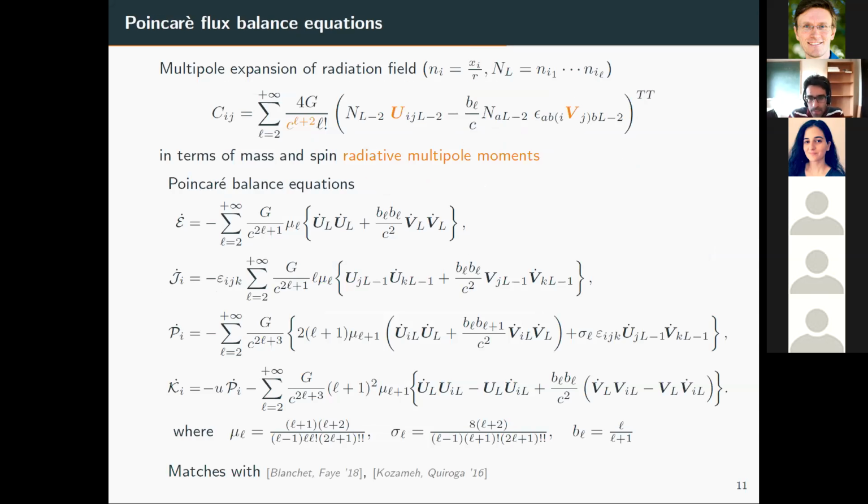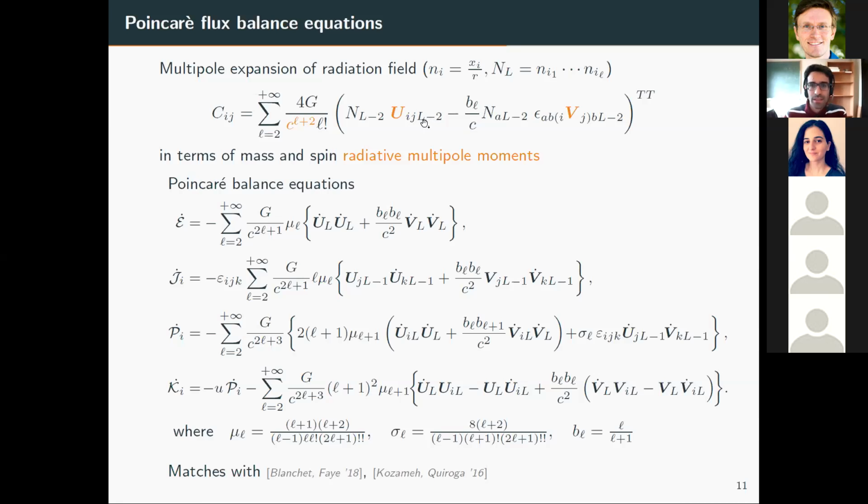In order to connect to the source, and it is actually very standard in the analysis of gravitational waves, one expands the gravitational wave in terms of the so-called radiative multipole moments, U and V, which are called the mass and the spin multipole moments. You see a lot of indices here.